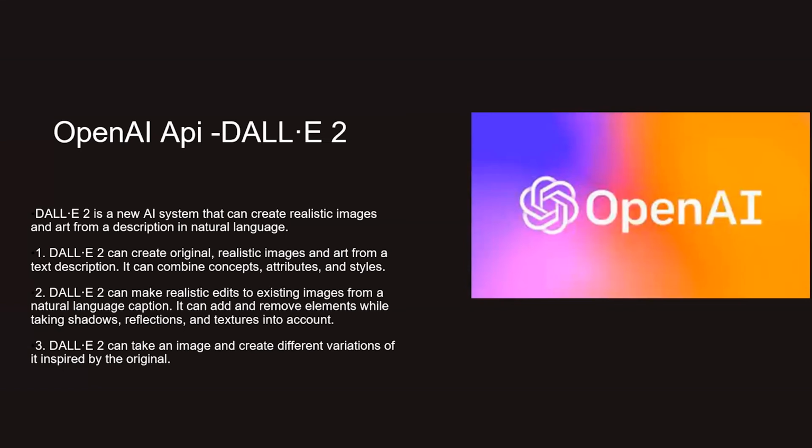And the second one is they can make realistic edits to extend images from a natural language caption. And the third reason is because it can take an image and create different variations of it inspired by the original one.